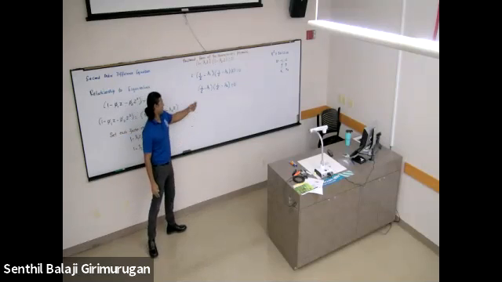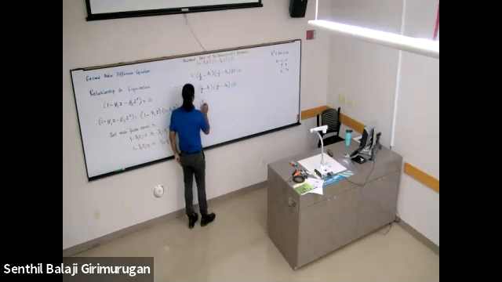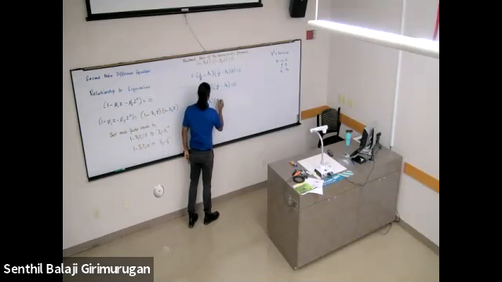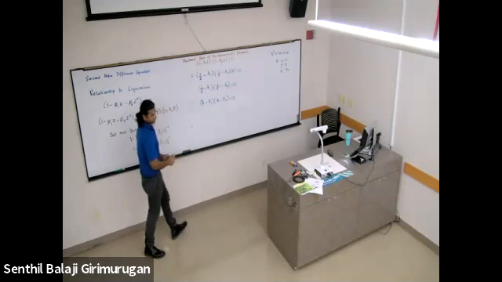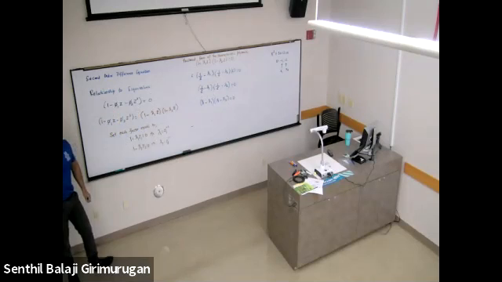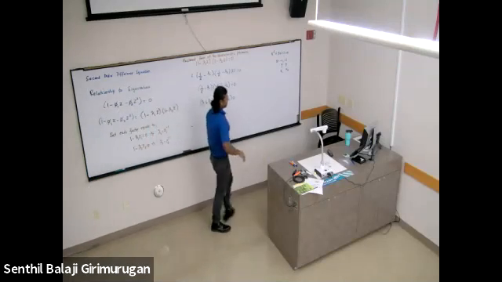And I'm simply going to call 1 over z just lambda. So I'm going to get two distinct lambdas when I solve this equation.